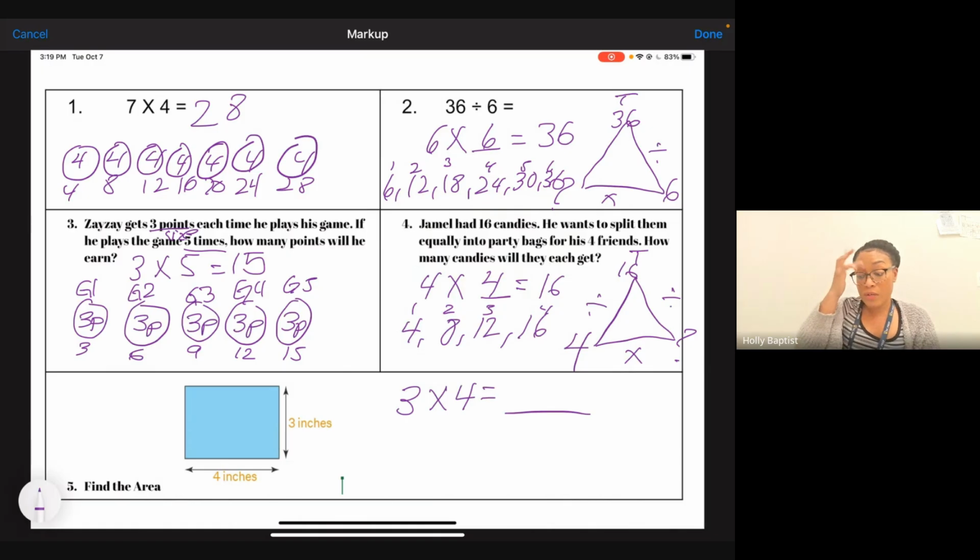So we can skip count by 4 3 times, or we can skip count by 3 4 times. I'm going to skip count by 4 3 times. So 4, 8, 12, and just like that, we have our answer. We skip counted by 4 3 times. We were able to find out that the area of this shape is 12 square inches. And it is important that preppies add the unit so that their work is clear.